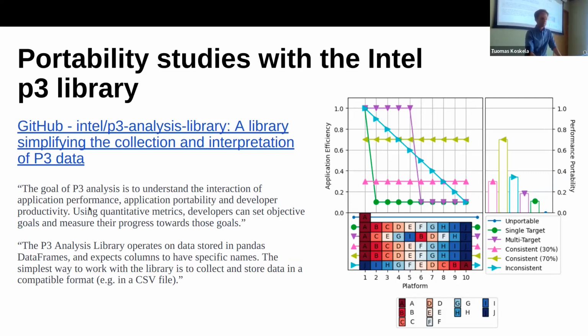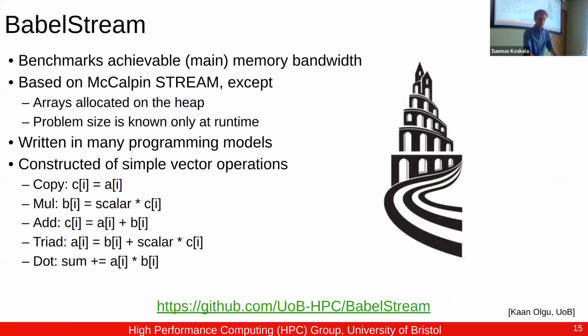It says the simplest way to work with the library is to collect and store data in a compatible format. So they don't give you any tools to collect the data, which is what we are doing, but we're quite interested in using this as a front end for our data.